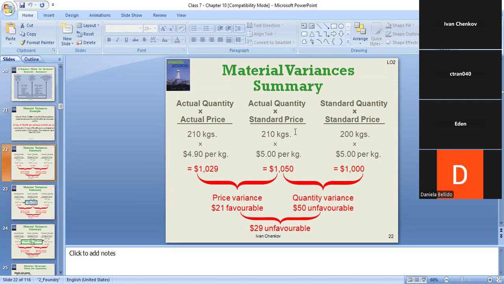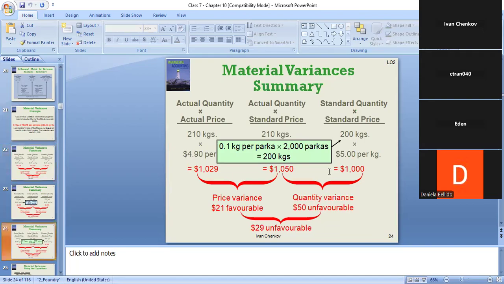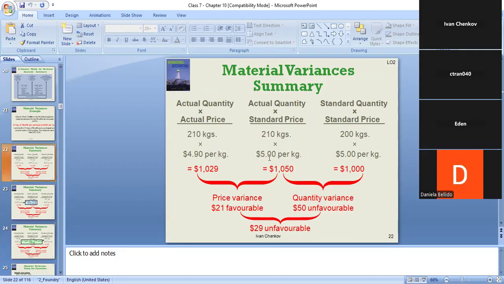Standard quantity is 200 kilograms. How do we get the 200 kilogram standard quantity? It's 2,000 units times 0.1 kilogram per unit, 200 kilograms. Standard price was given to us, we fill it in, and then we fill the gaps. And we're going to see that we have the quantity variance of $50 unfavorable, price variance of $21 favorable, and $29 overall spending, unfavorable.